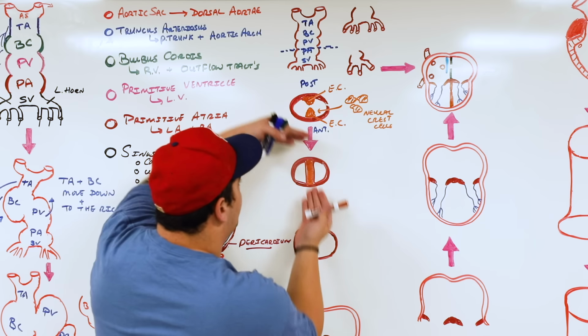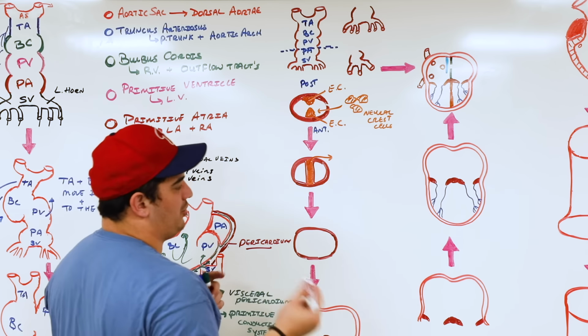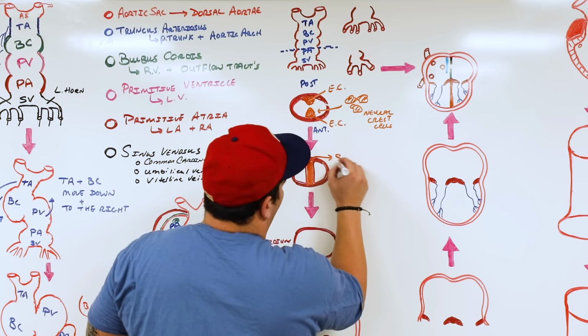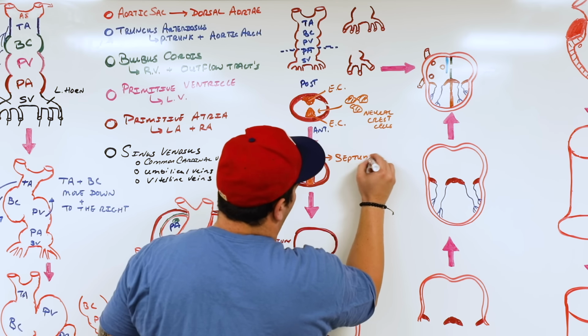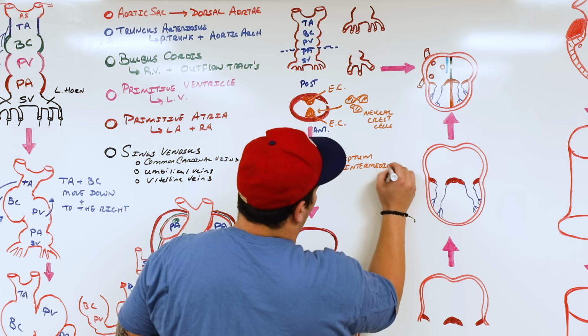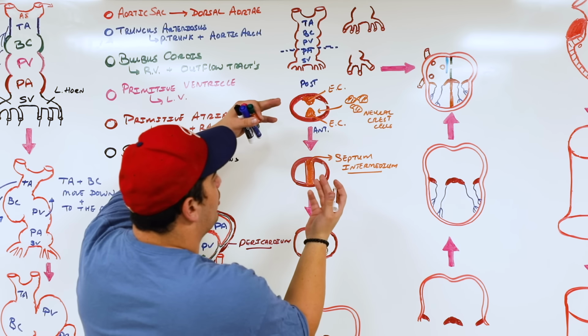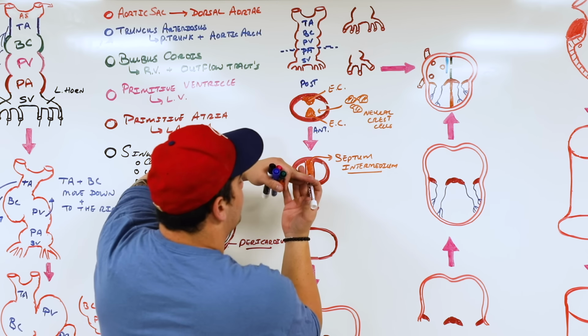when those endocardial cushions come together and fuse, they make a special name. We got to give it a special name. This is called the septum intermedium. So the septum intermedium is the structure that is formed when the posterior and anterior endocardial cushions from the neural crest cells come together and fuse.